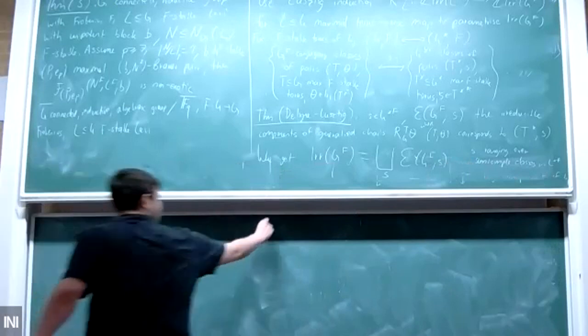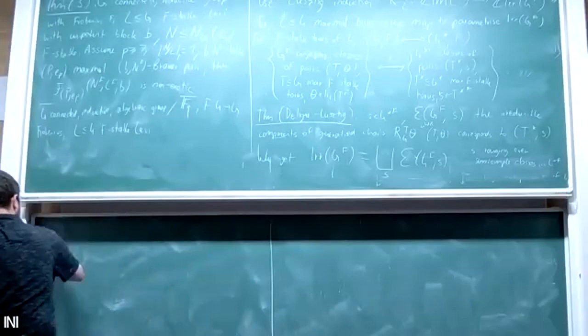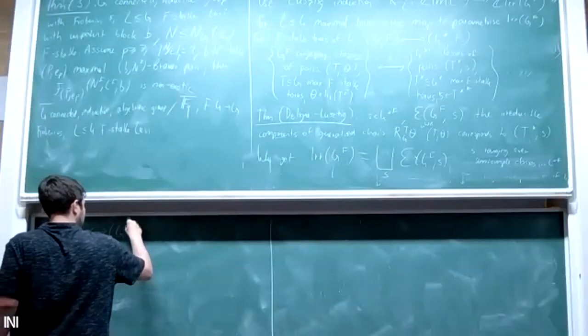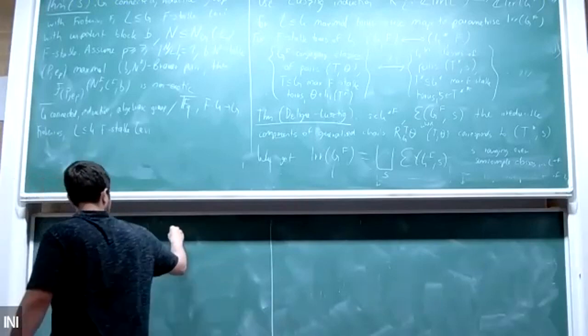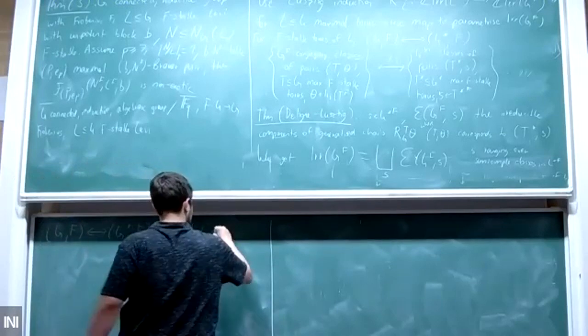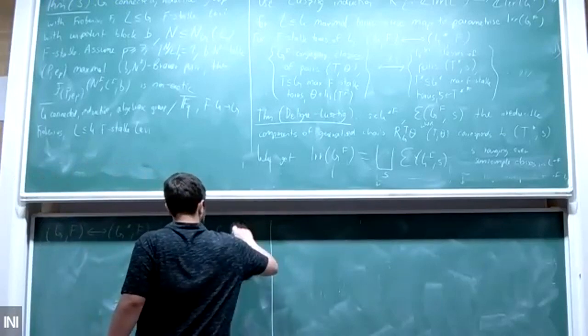Okay, so we can assume that G^F is in duality with G star F, and now we take D to be a block of G^F.